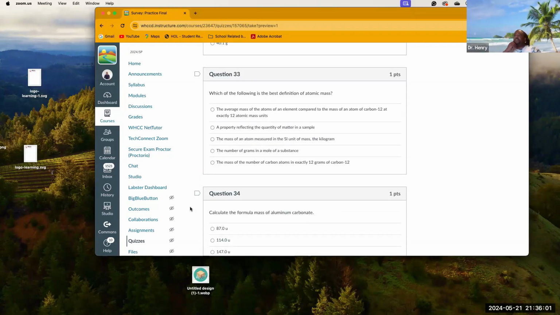Which of the following is the best definition of atomic mass? A, the average mass of atoms of an element compared to the mass of the atom of carbon-12 at exactly 12 atomic mass units. B, a property reflecting the quantity of matter in a sample.